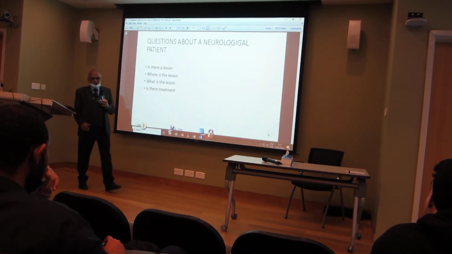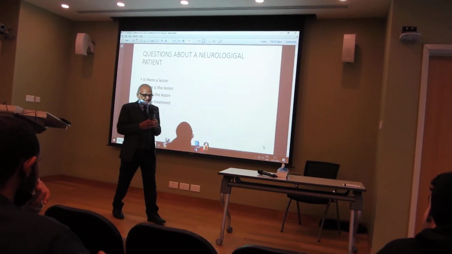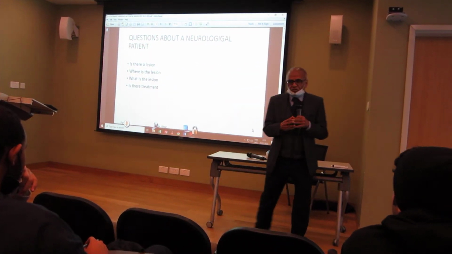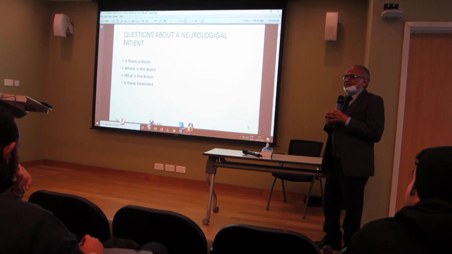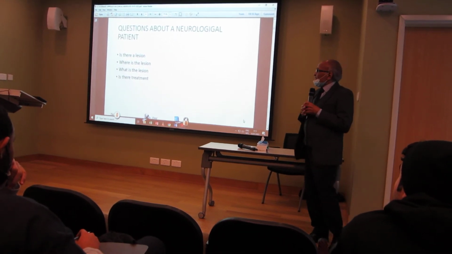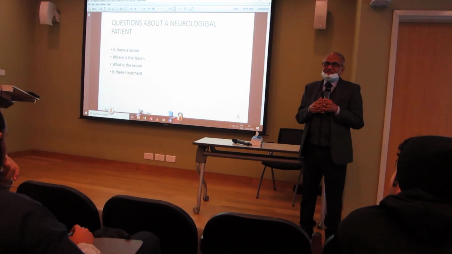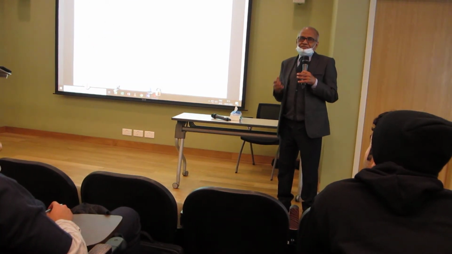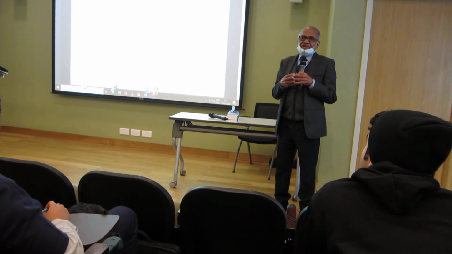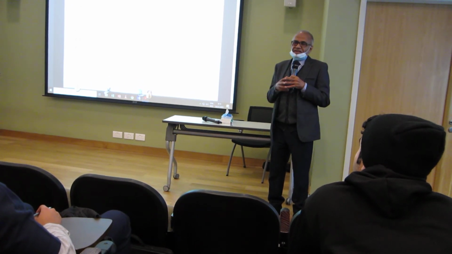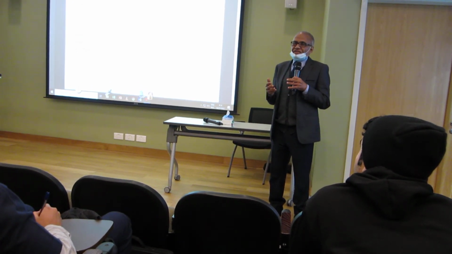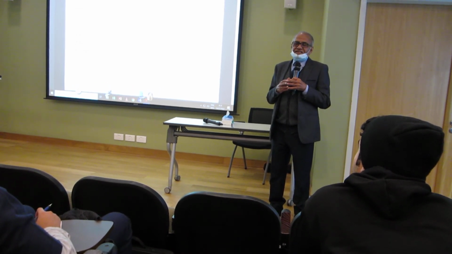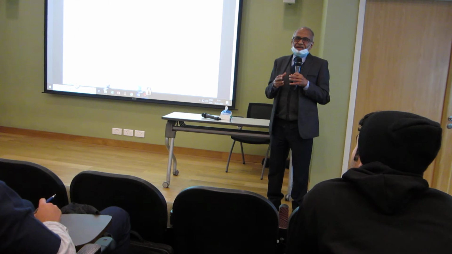Now whenever we see a patient with neurological symptoms, we have to decide some basic questions. First thing is, is there a lesion? What this means is that the presenting symptoms which the patient is telling, for example, inability to move his or her left upper limb, is it really that he or she cannot move, or is it some other problem?